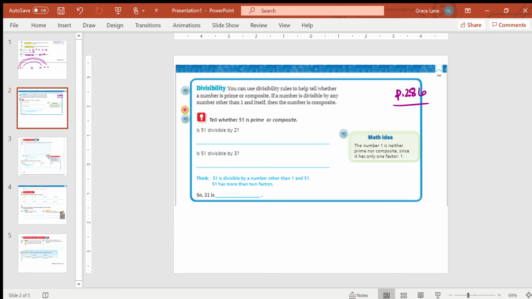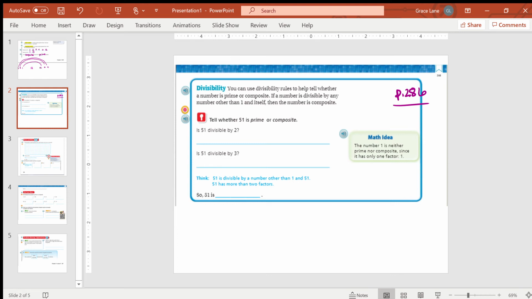So instead of doing long division and seeing, for example, this one, 51, if 51 can be divided by 2, 3, 4, 5, 6, 7, 8, 9, and doing long division for each one, you could use your divisibility rules to quickly tell whether it's prime or composite. It says if a number is divisible by any number other than 1 and itself, then the number is composite.